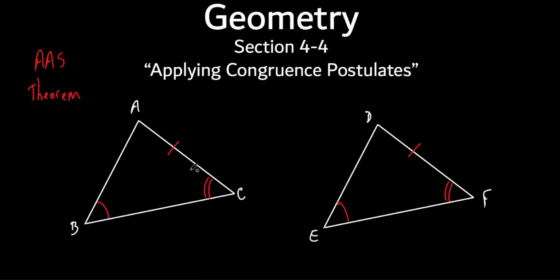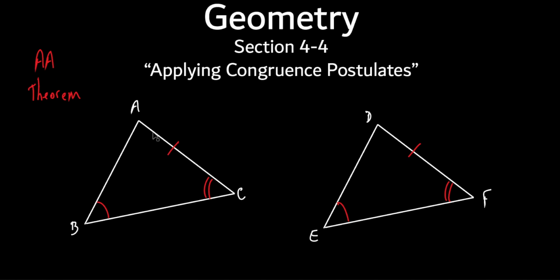Okay, so if you have two angles and a non-included side, what does that mean, a non-included side? That means the side is not in between the two angles. That side right there is not in between these two angles, is it? All right, so we call this angle, what? Side. All right, I guess some people could call it side, angle, but nobody ever does. Okay, we call this angle, side.